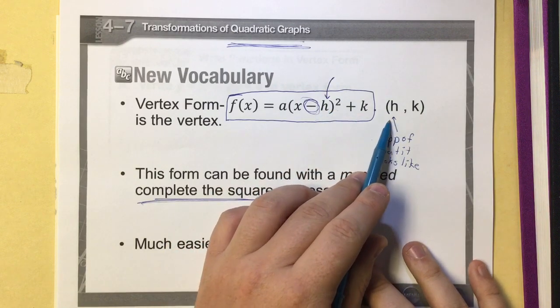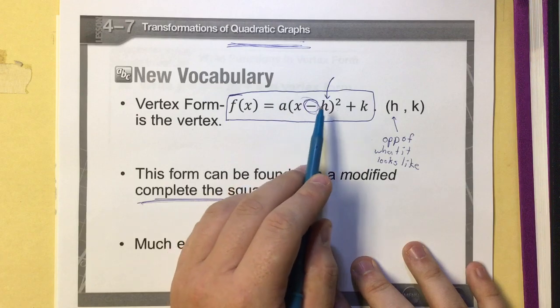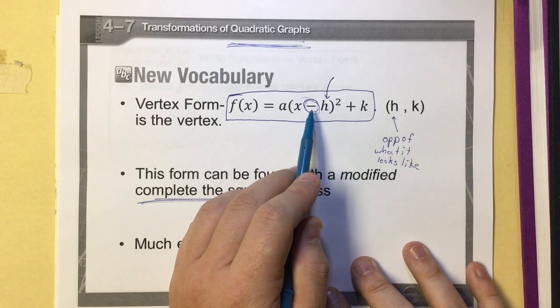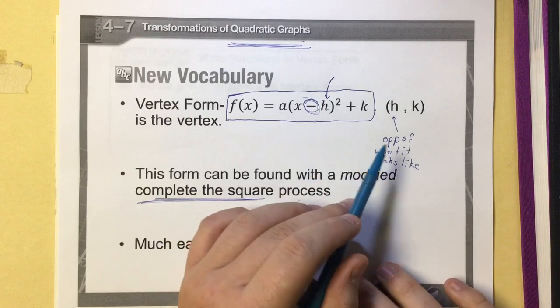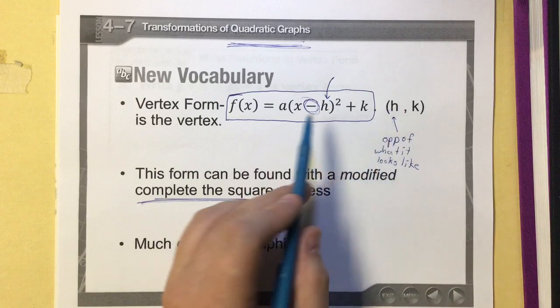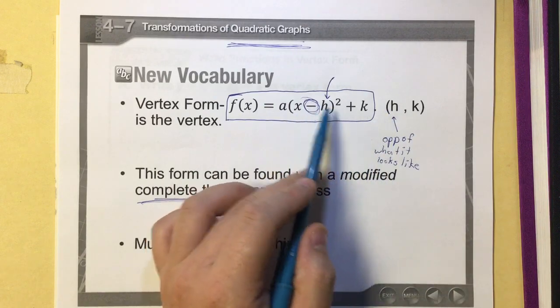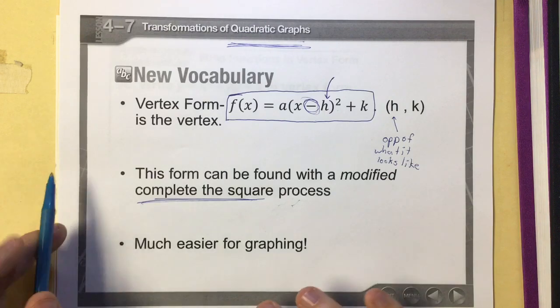So the x-coordinate would be 3, even though you see a minus 3. If you saw x plus 5, it would have been x minus negative 5, which is how you got plus. So it would be a negative 5. The h, the x-coordinate of the vertex, is always going to be the opposite of what you see in here, because the way it works out in our equation is with a minus.